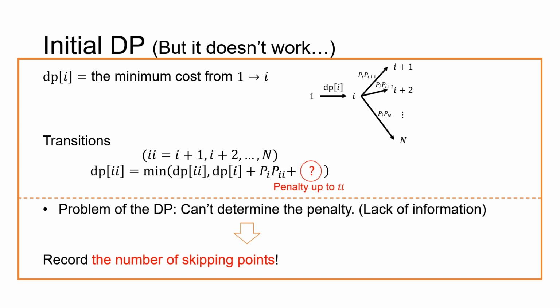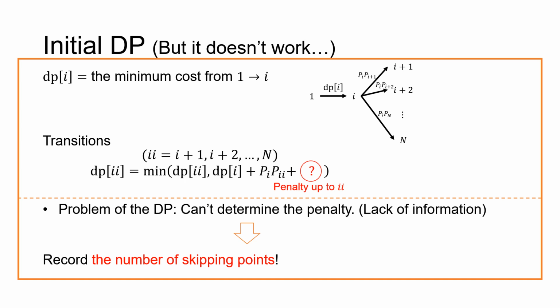So, we define dp of i as the minimum cost from 1 to i and check the transitions from 1 to n step by step. When you are at point i, you can directly move from i plus 1 to n. So let variable ii range from i plus 1 to n.